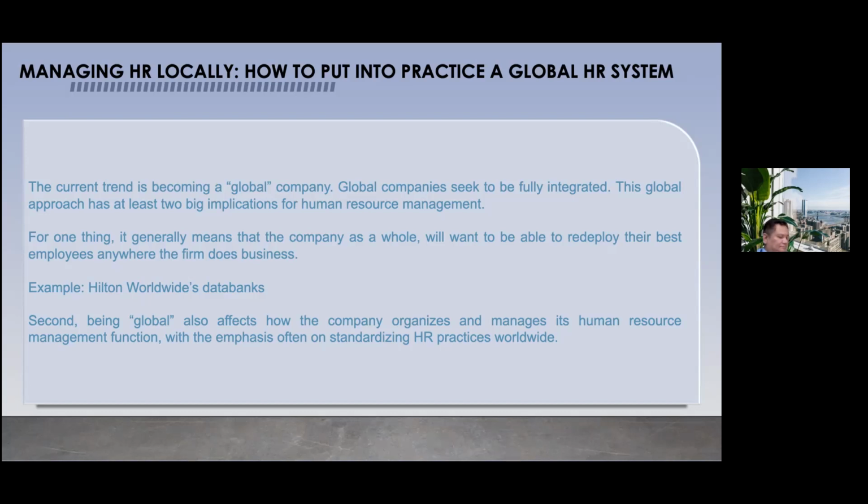Next, by being global, it also affects how the company organizes and manages its human resource management function, with the emphasis often on standardizing HR practices worldwide.